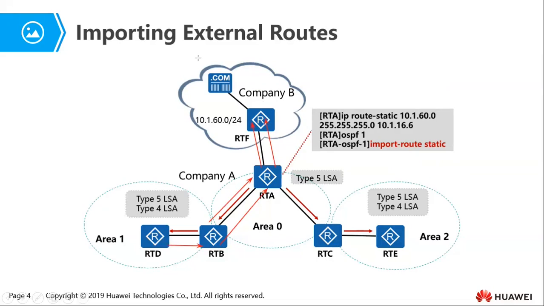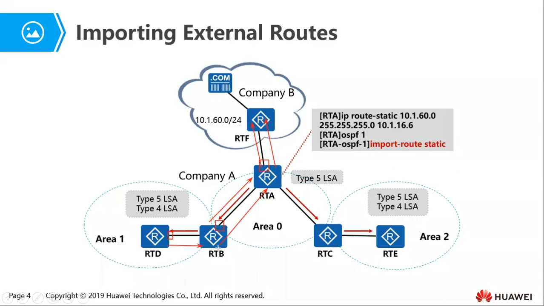Yes, I think it should be correct because of the imported routes. Okay. Generally, when it comes to cost, we normally add the cost of the outgoing interfaces. For example, if the cost is 1 here, 1 here, 1 here, coming from RTD to the external network the cost should be 3.